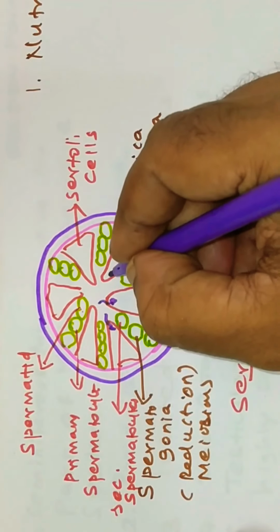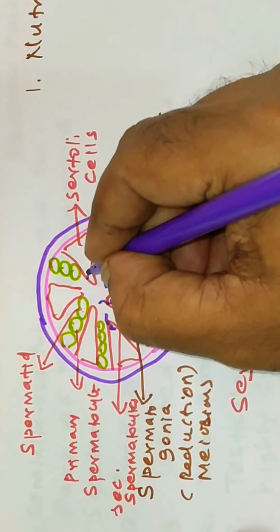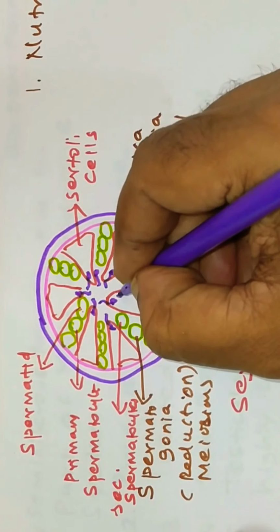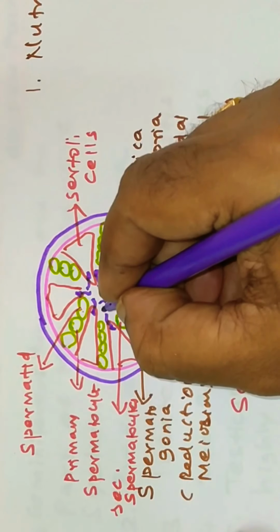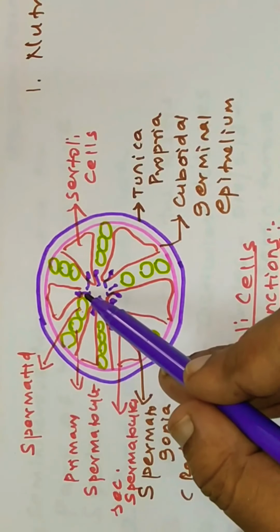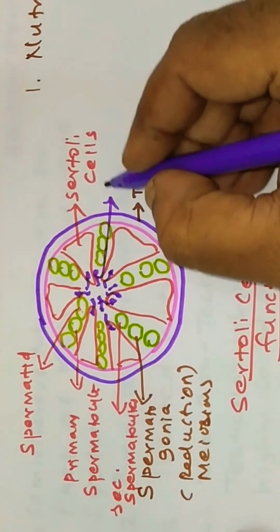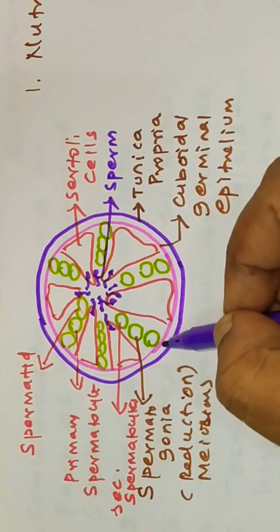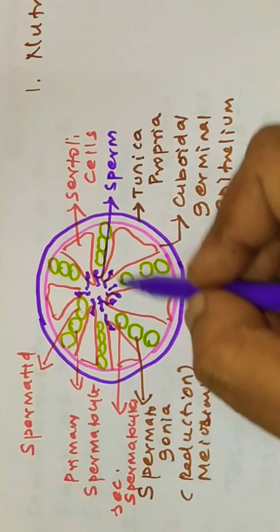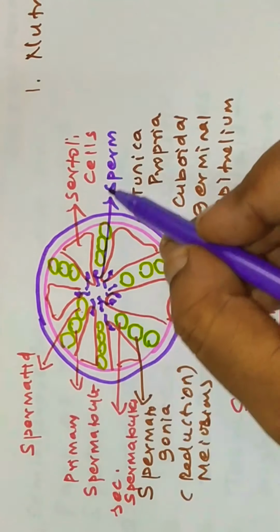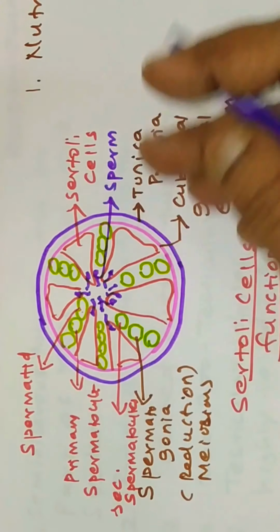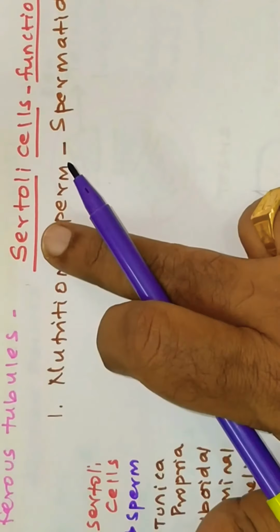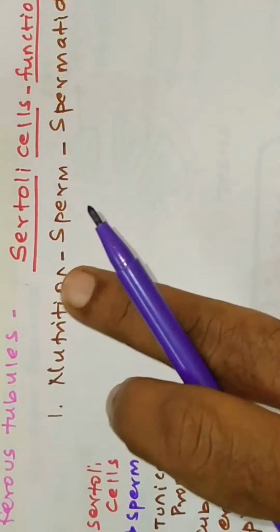This is a mature spermatozoa. Consider all of these, a lot of spermatozoa. Among these many cells, the nutrition is provided by Sertoli cells, especially the spermatid gets nutrition from the Sertoli cells. So that is the first main function. That's why the Sertoli cell is otherwise called nurse cell or sustentacular cell.